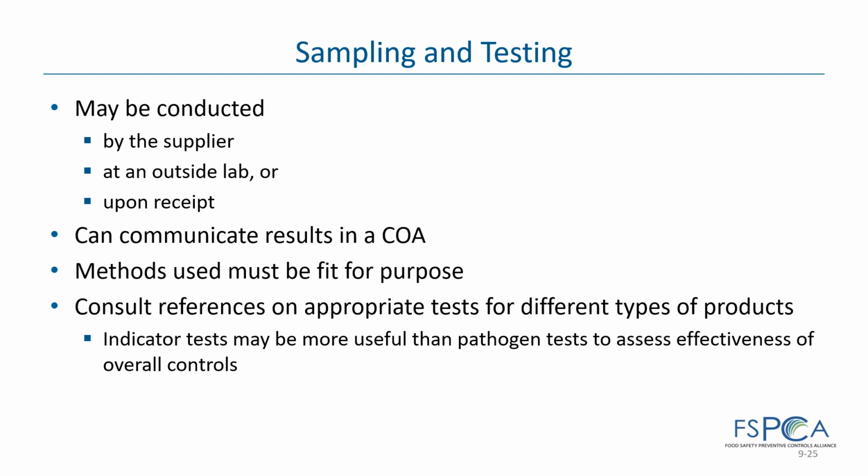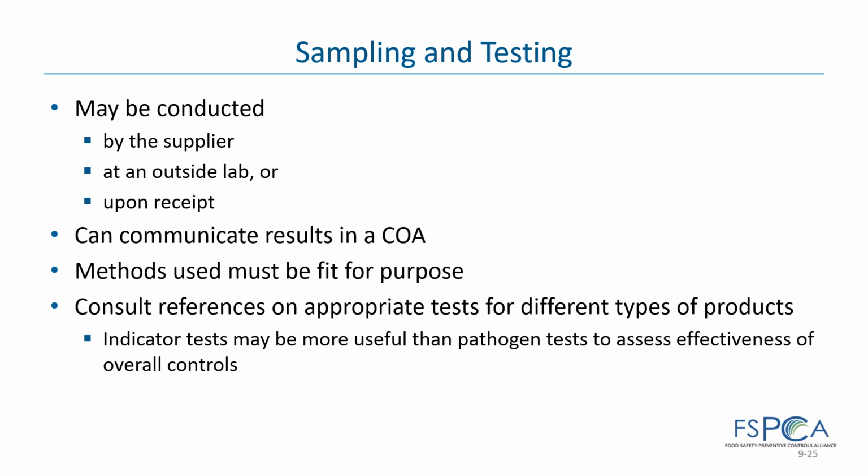The methods, however, need to be fit for the purpose. I think that's common sense, but just reiterating, think through your design here and really make sure you're going to the best scientific information available to make sure that you're doing this appropriately.